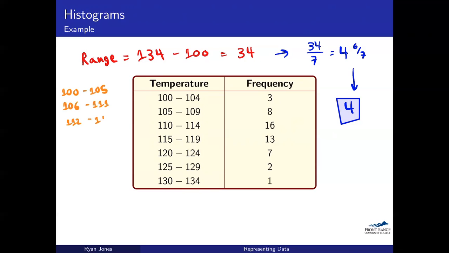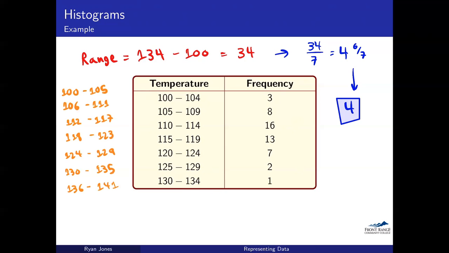You'll notice that I'm adding 5 for the interval width, and then I'm going 1 more just to get to that next number. We'll keep on going. We've got 5 so far. 130 to 135, and then 136 to 141. You'll notice that these are my 7 intervals.